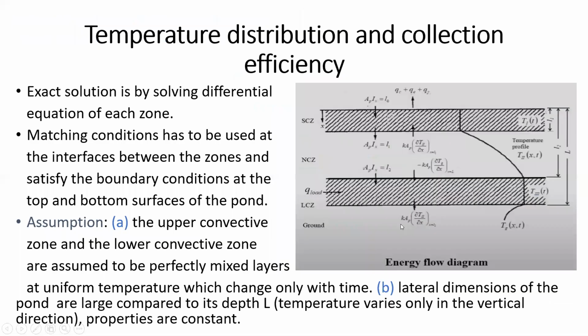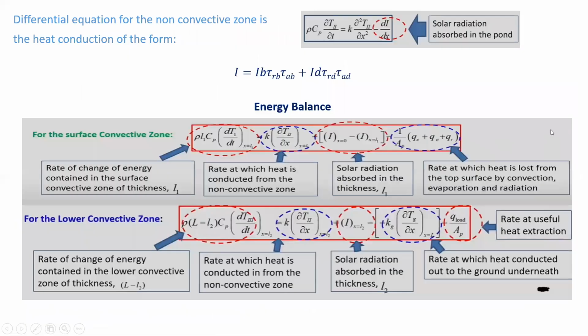Even though we use polyethylene sheets, there will be a conduction loss, indicated by K A_P ∂T2/∂x at x = L2. There is also the rate of useful heat extraction, Q_load A_P. This heat is extracted from the bottom or lower convective zone and used for generating power in the turbine.